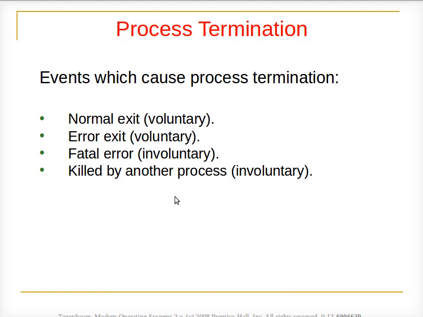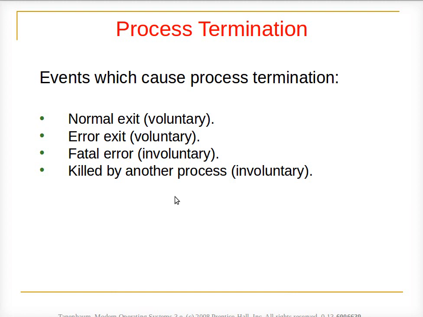A fatal error is something involuntary, where your code basically crashes. Many of you have seen or experienced a segmentation fault. Basically, you started to dereference, for example, memory that you do not have access to or that doesn't exist, in which case your kernel would say, nope, you cannot do that, and I'm going to kill you.